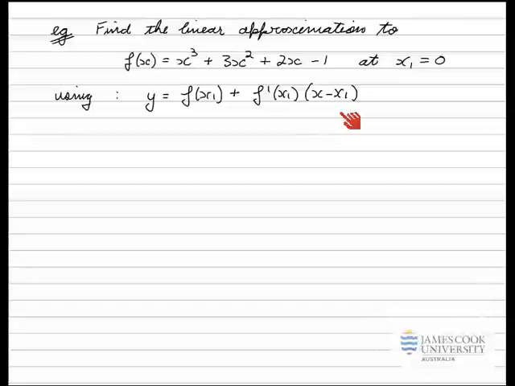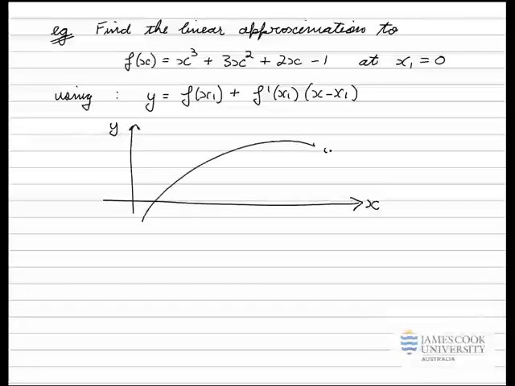If you can't quite remember the equation for the linear approximation, you might think of this graph and where the equation of the tangent comes from. So on any function like this, y equals f of x, I've been given a point. Here it is here, x1. The y coordinate of that point we can label y1, which is equal to the function evaluated at x1.